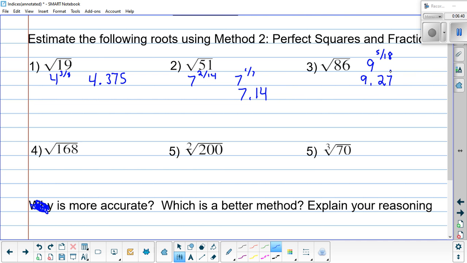Here, the root of 169 is 13, so 144 is our closest, so we have 12. Then 168 minus 144 is 24.